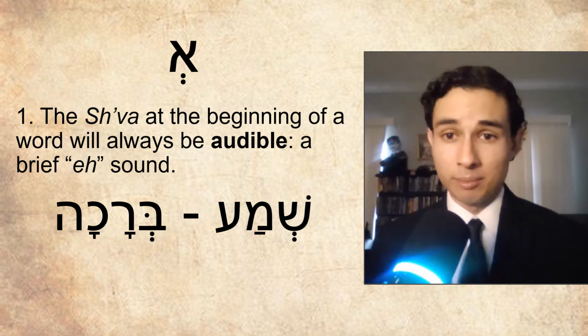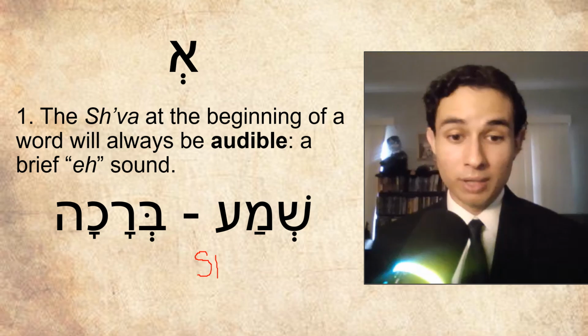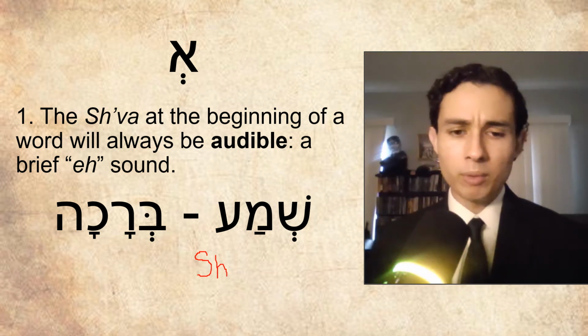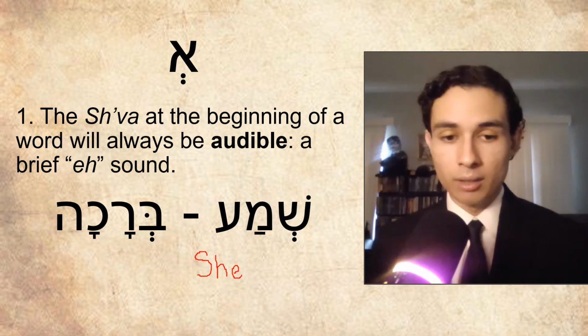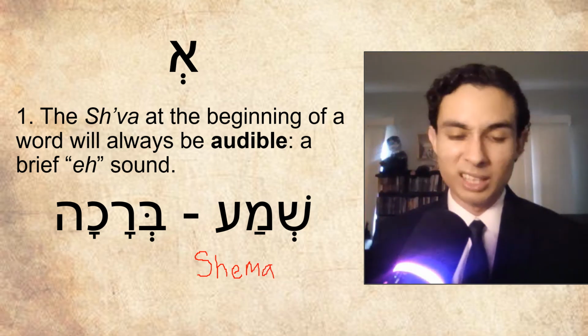Okay, and here's an example. Look at the first word on the right. If we were to transliterate this one, it'd be a shin and then a shva. If we were to put a little e to transliterate an audible shva, we would continue with the mem, the patach, and we don't need to put an apostrophe for the ayin because it's the last letter.